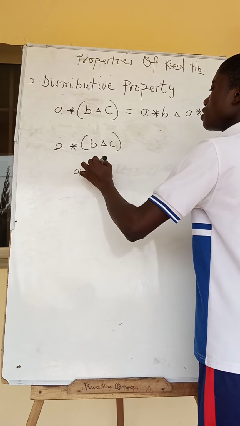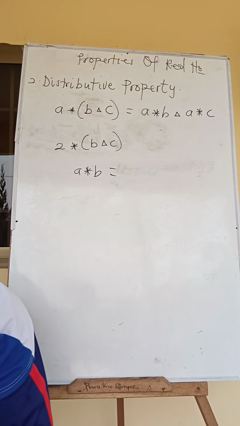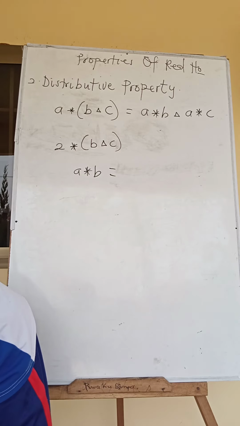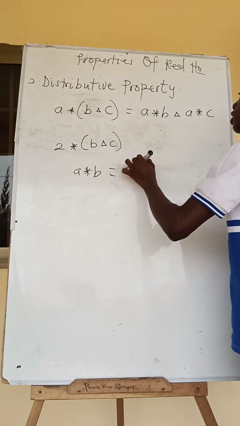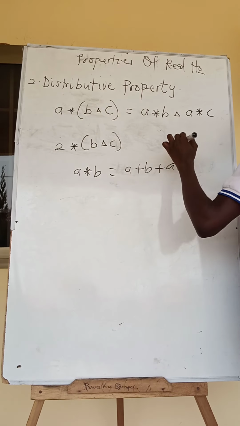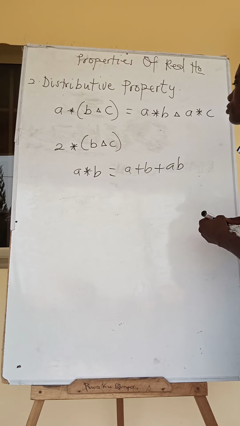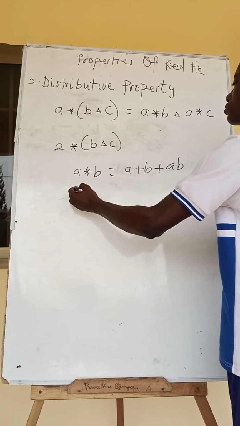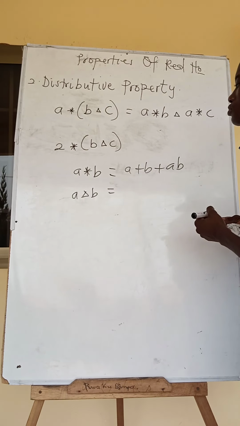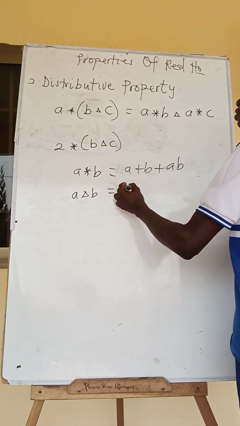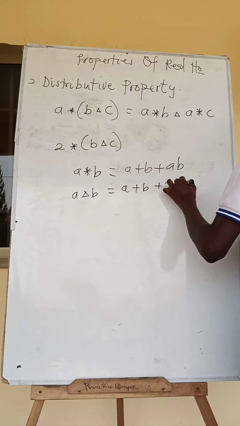Now let's take our first scenario. A star B equals A plus B plus AB. Good. Then A star B equals A plus B plus 2AB.